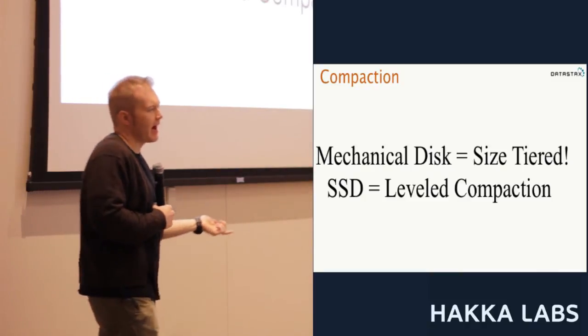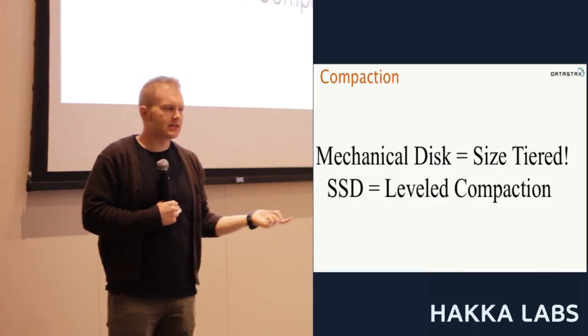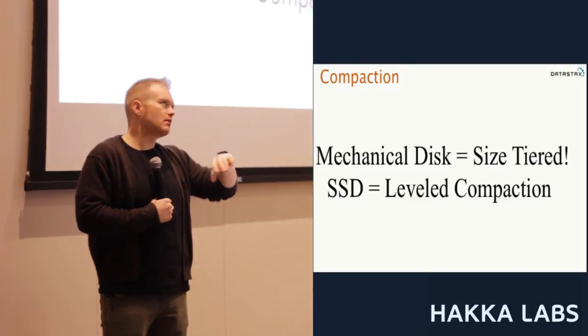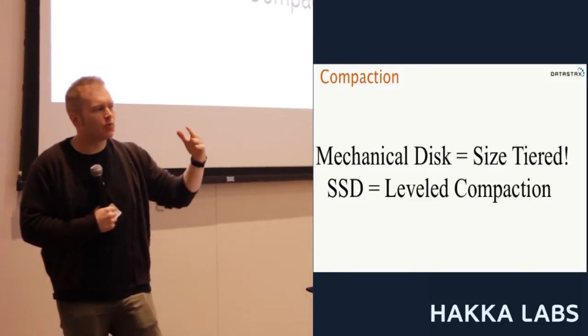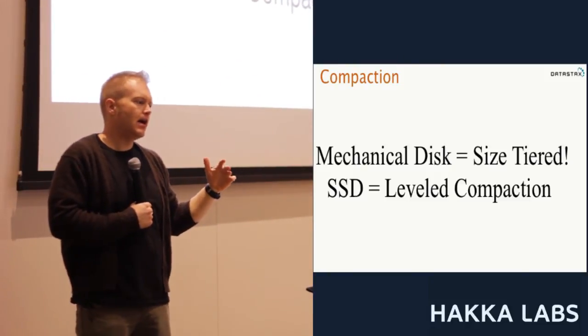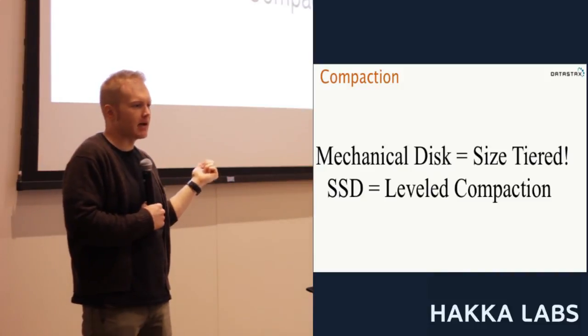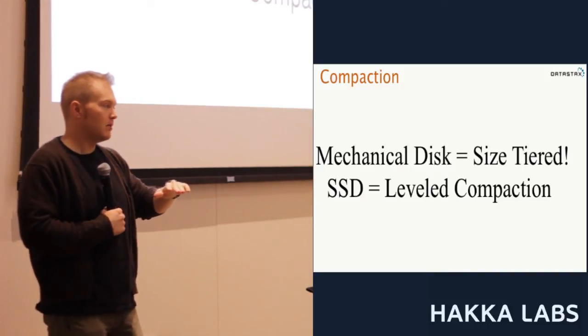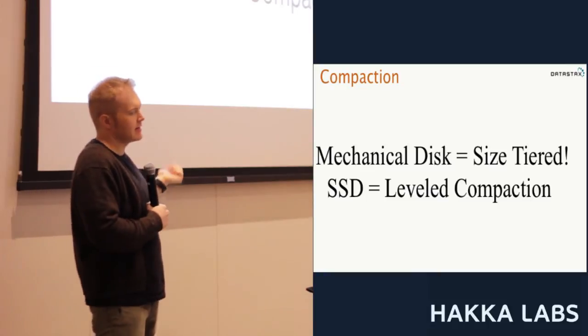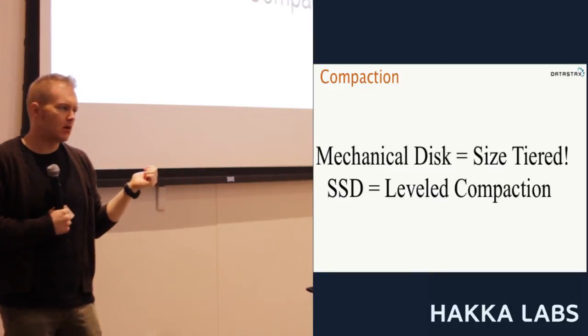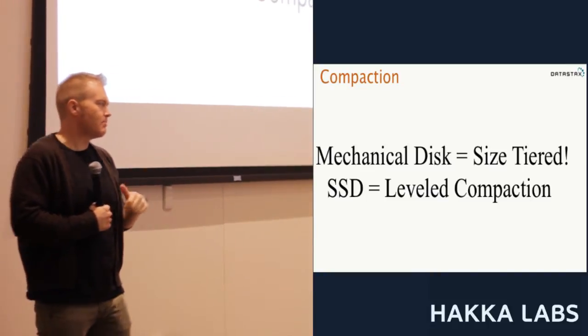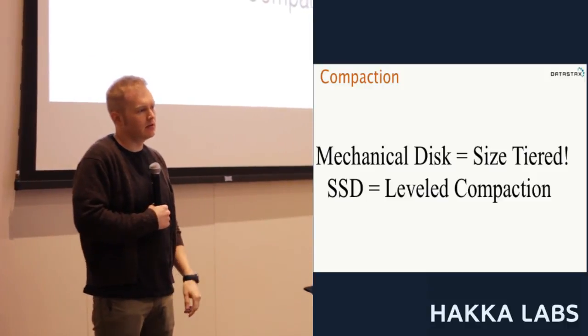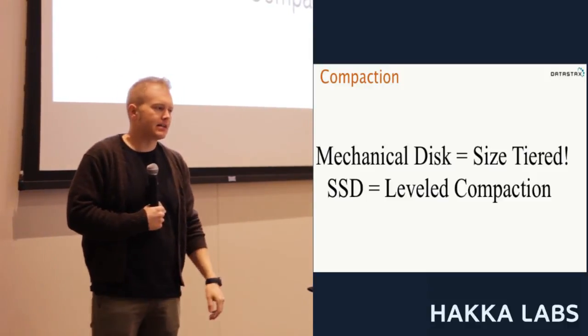With size-tiered compaction, it'll top out at about 12 SSTables. With leveled compaction, it'll top out at 3. So with SSDs, not only is every seek faster, but you're doing fewer seeks because you're visiting fewer SSTables.